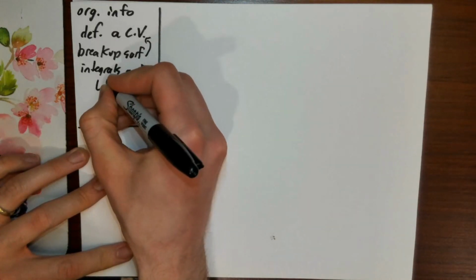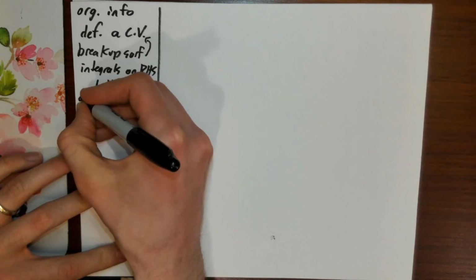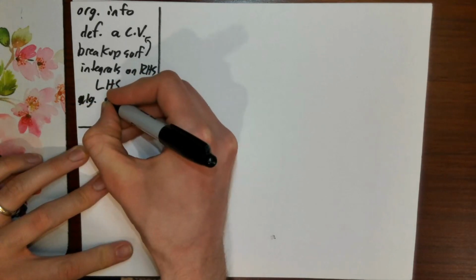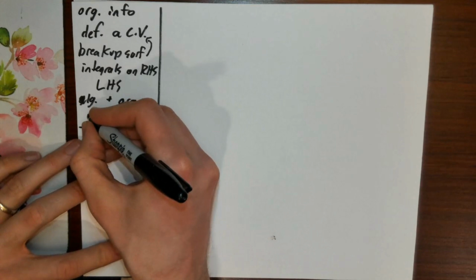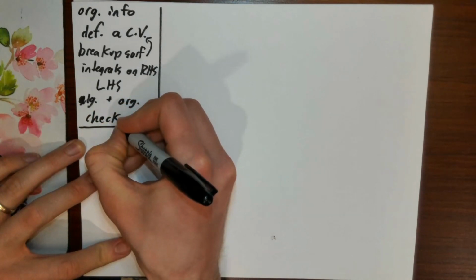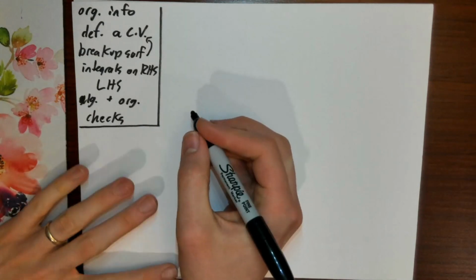Then we're going to deal with the left-hand side, whatever may become of it. Then we're going to do some algebra and organization of our results. And then we're going to do some checks. So this is going to be our problem-solving strategy for these conservation of mass type problems.